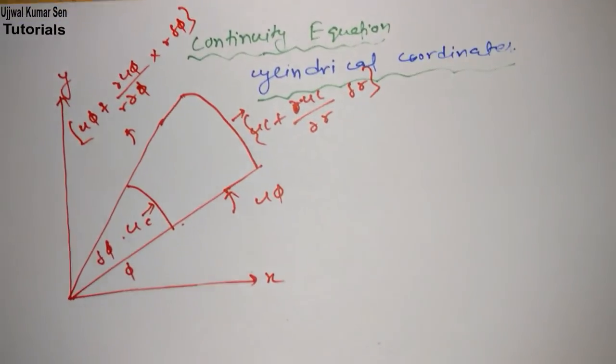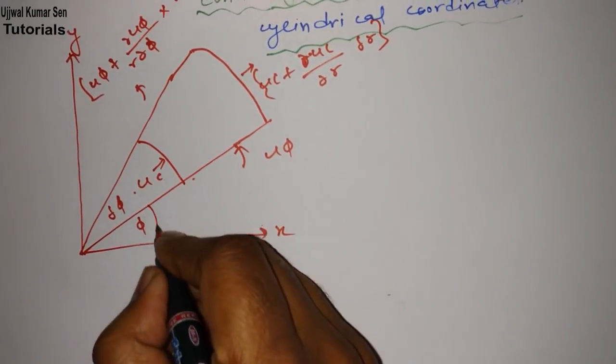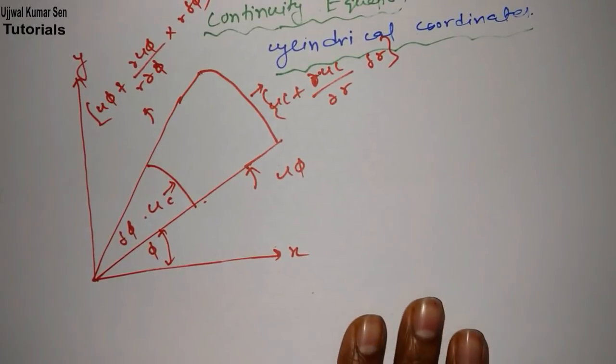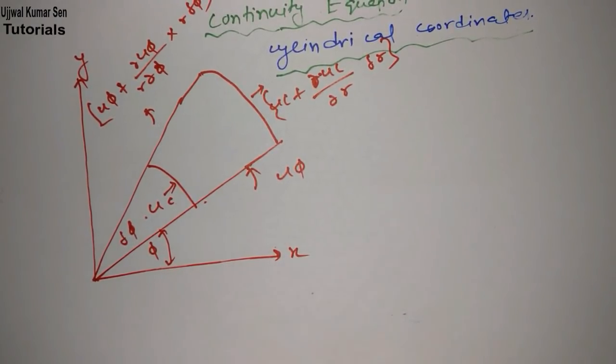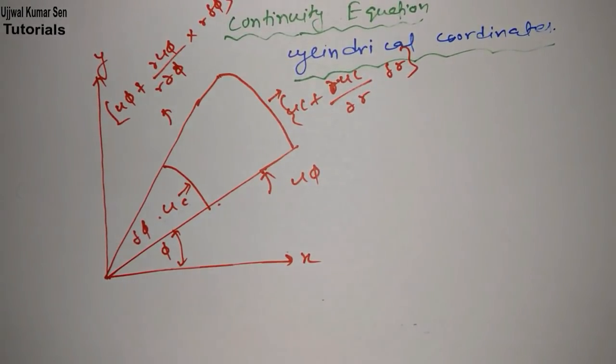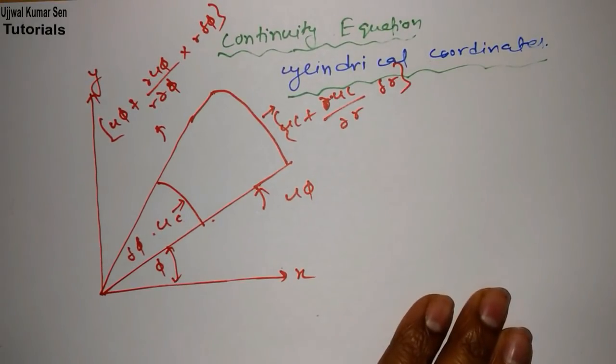Okay, this is the diagram, and this is known as the phi angle. This diagram is most important for the continuity equation in cylindrical coordinates. We are taking cylindrical coordinates, and just follow my steps and keep doing it yourself also.